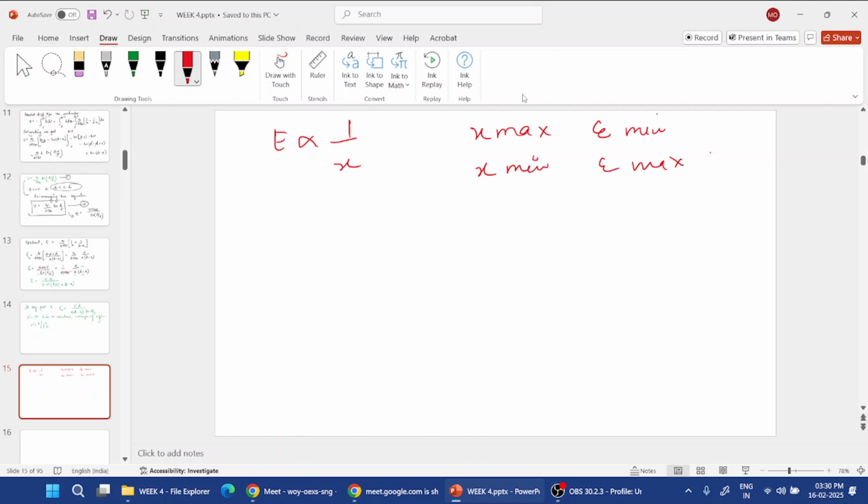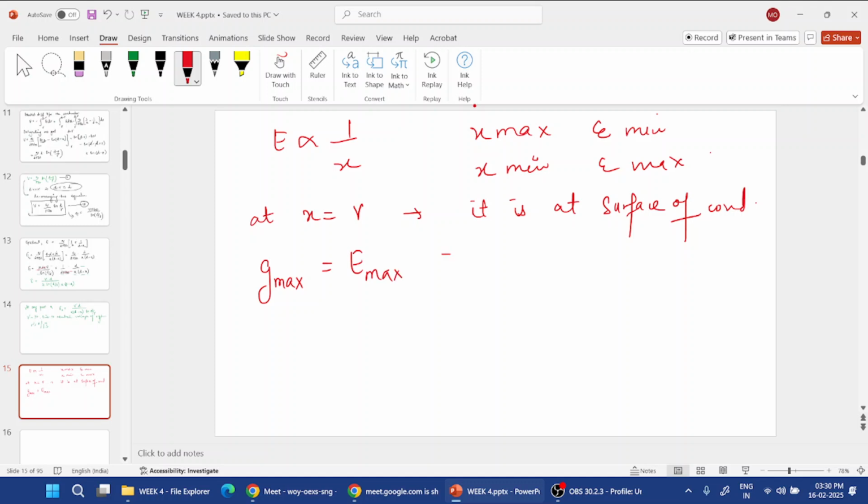The minimum value of x is when x = R, meaning at the surface of the conductor. So g max, the maximum gradient, is given by E max when x = R: V'd/(R(d−R) log(d/R)).